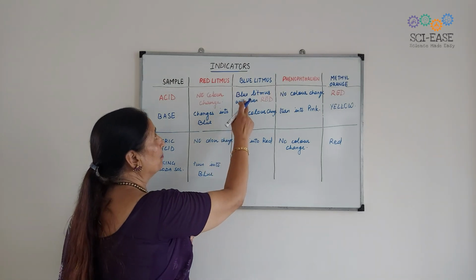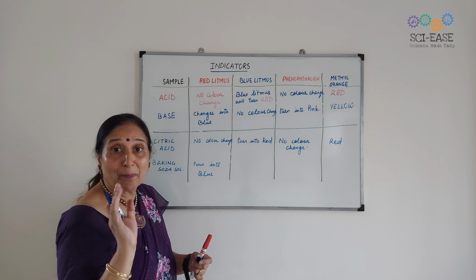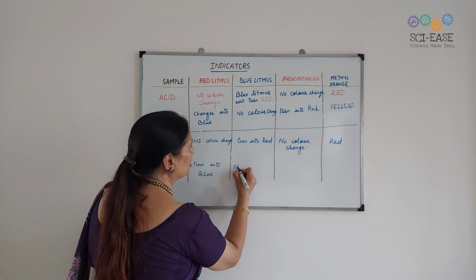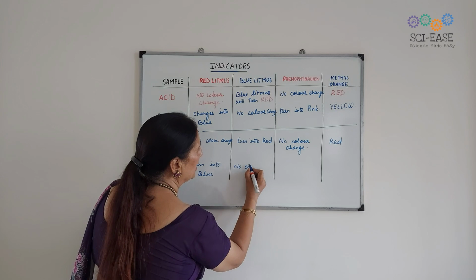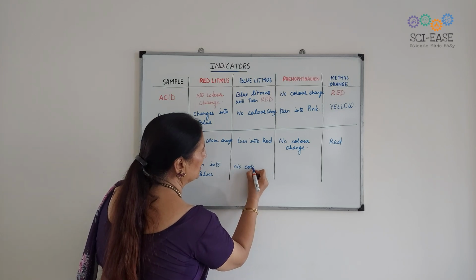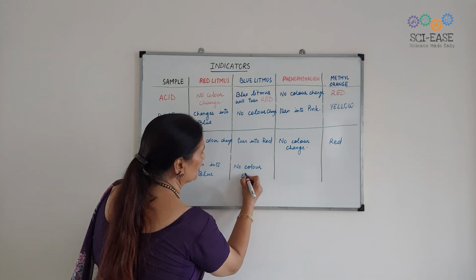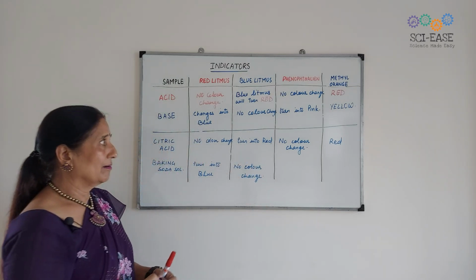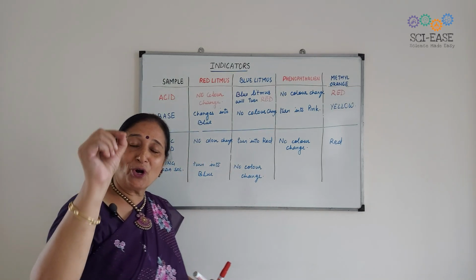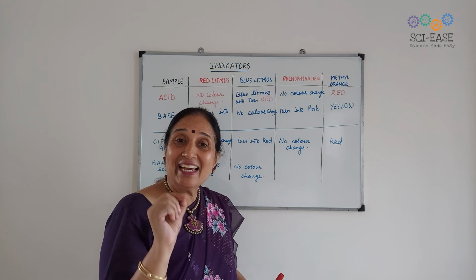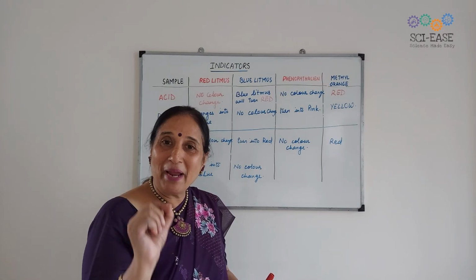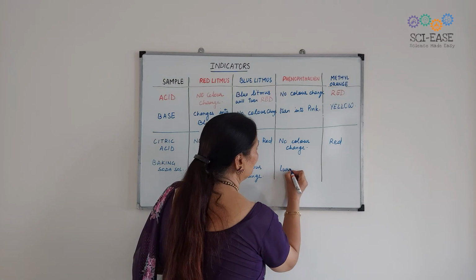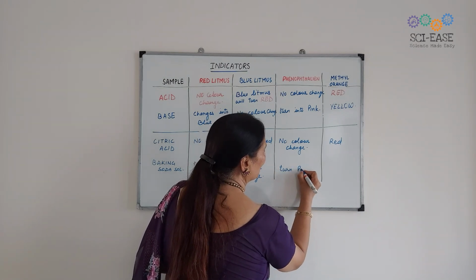And when blue litmus is added to the baking soda solution, then it will remain no color change. You can write no color change. Okay. And when few drops of phenolphthalein are added to baking soda, it will turn pink.